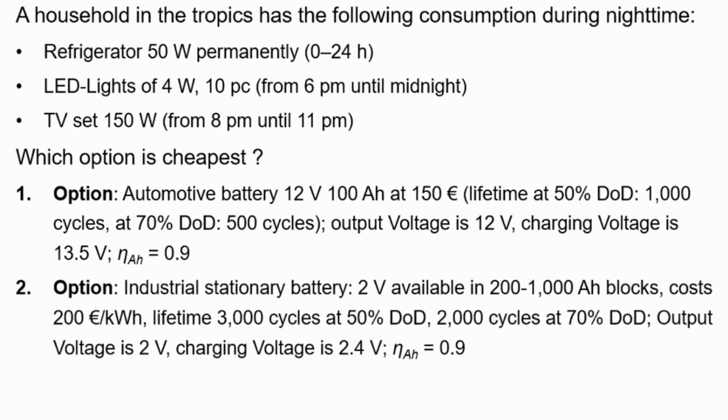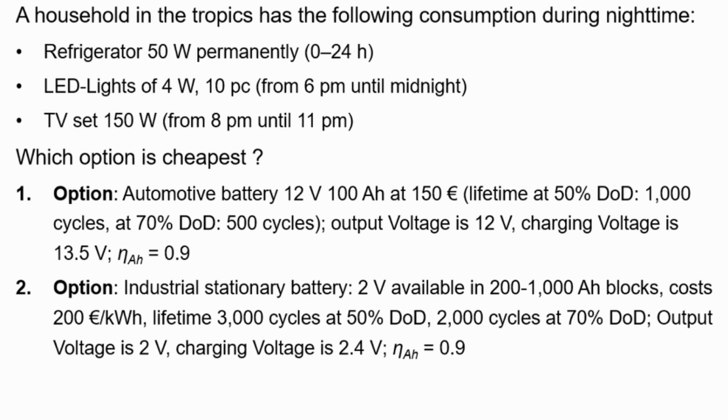Second option, we would compose an industrial battery. We only buy 2 volt cells and interconnect them on our own. A 2 volt cell is available in blocks of 200 to 1000 ampere hours, and it costs 200 euro per kilowatt hour.